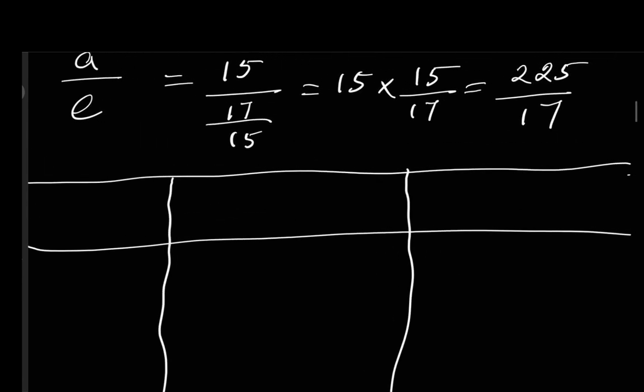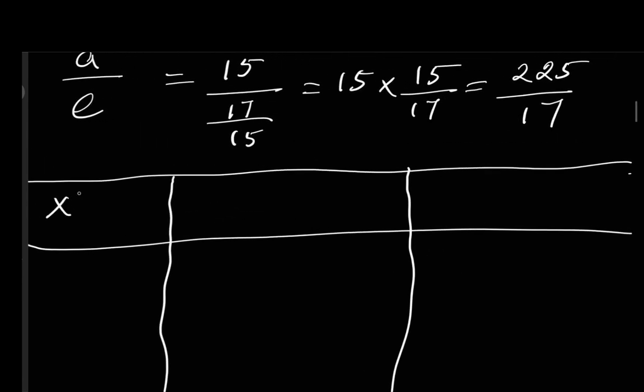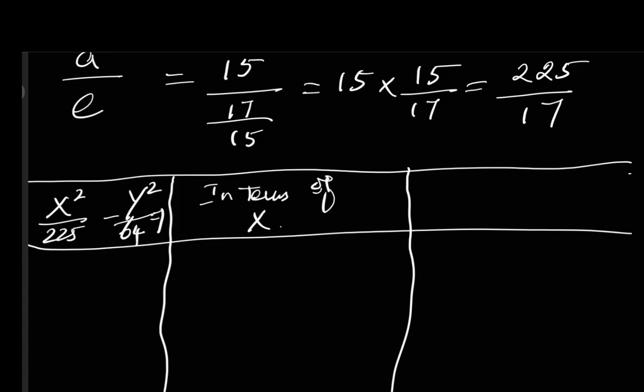Now come to the tabular column. See, write the hyperbola equation: capital X² by 225 minus capital Y² by 64 is equal to 1. This is the hyperbola equation. So we are going to find in terms of capital X, Y, and then in terms of small x, y.